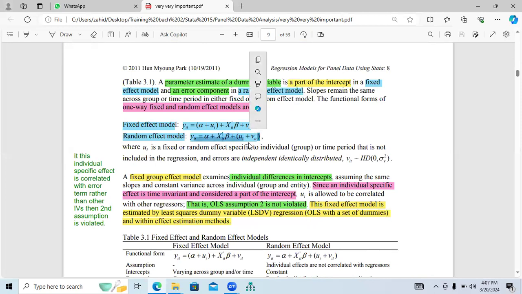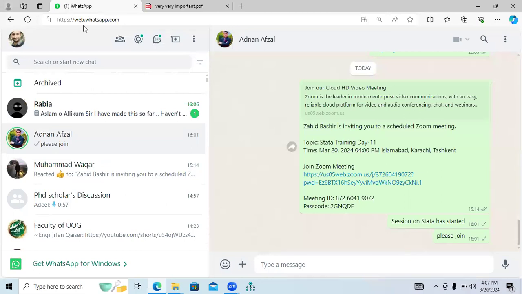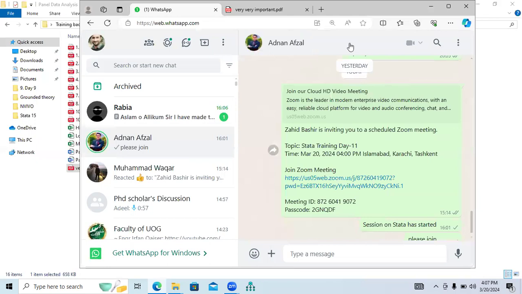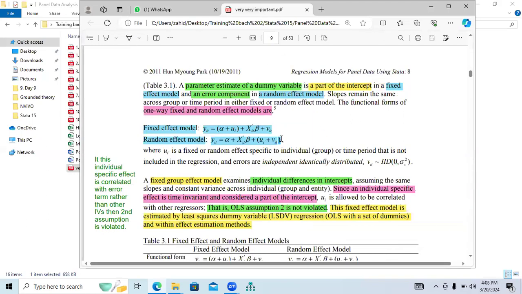So that is the theoretical difference between both of these considerations. You need to understand how you can apply the particular commands on fixed effect and random effect so that we can apply them correctly.